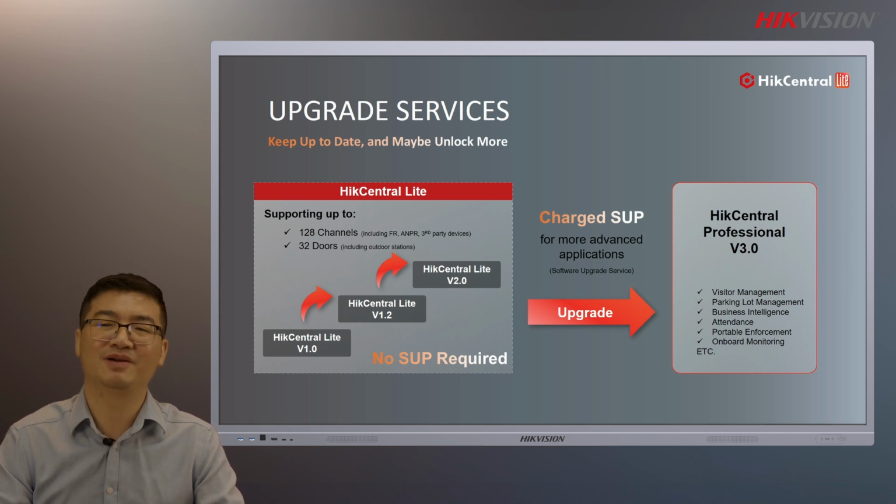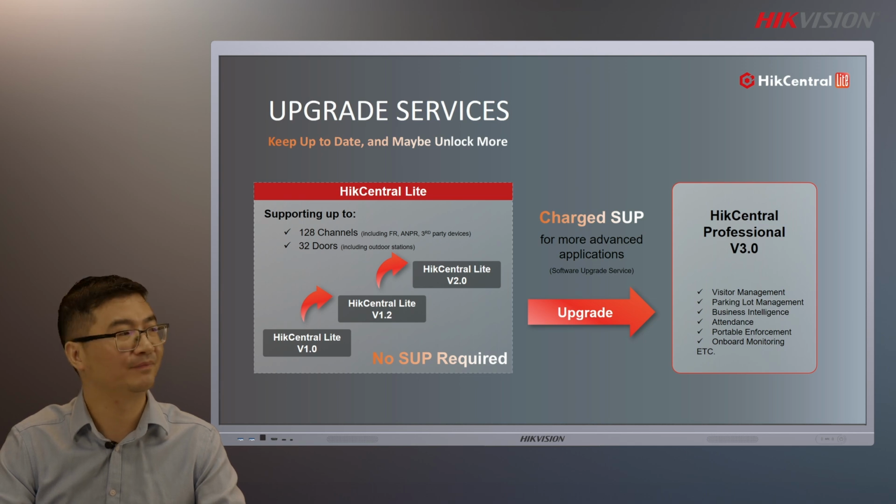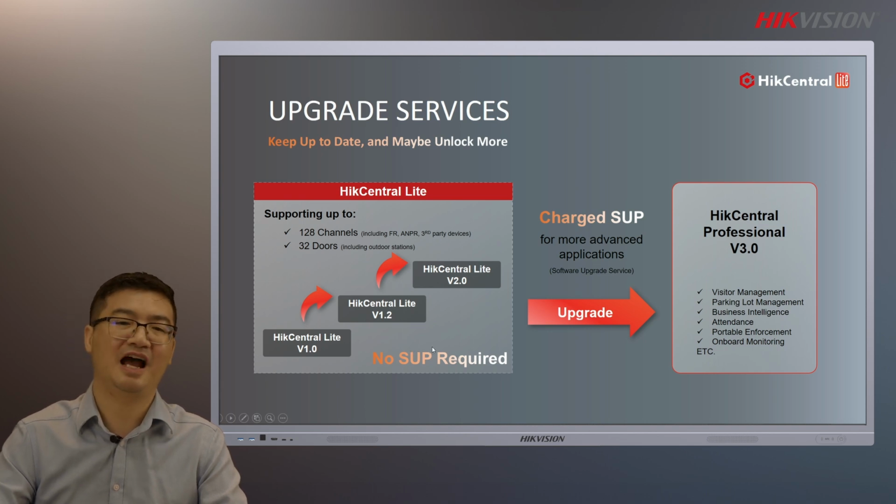Lastly, we provide upgrade services for the HikCentral Lite product. You can easily update HikCentral Lite to a new version if a new version has been released. And there is no SUP required for HikCentral Lite updates.